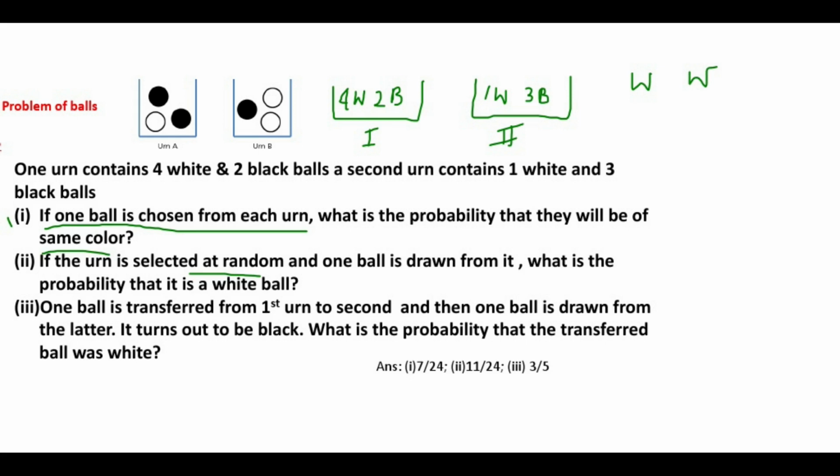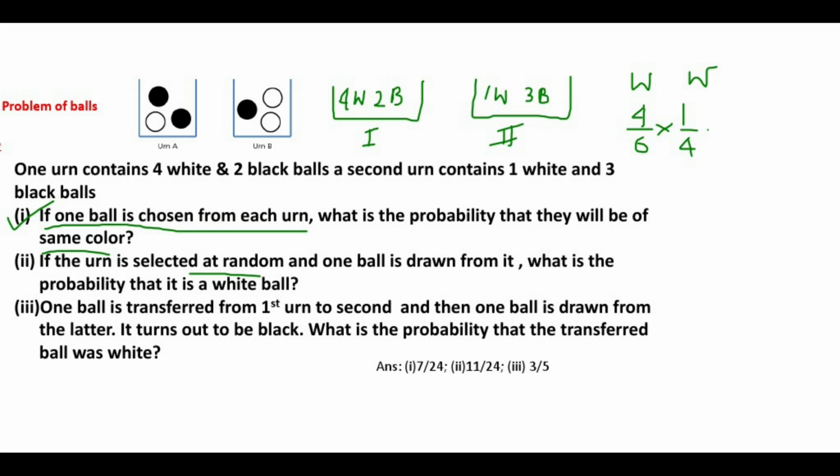So both will be white. The first one is white. What is the probability of that? 4 by 6. And the second one is also white. What is the probability of that? That is 1 by 4. That means when you are choosing one ball from each urn, the first one has to be white and the second one also has to be white.